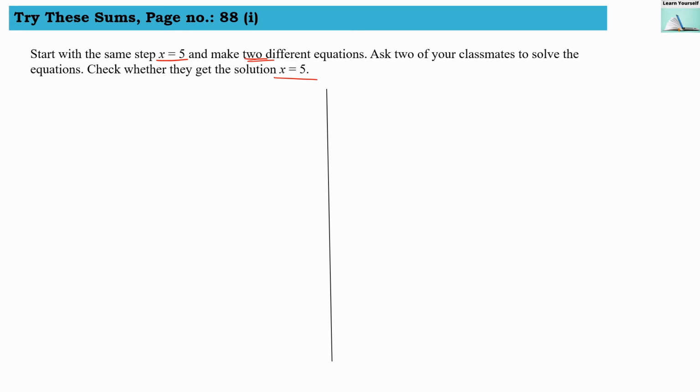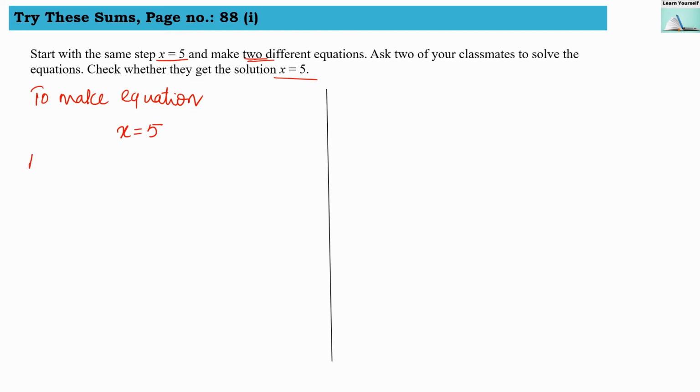So first let us make the equation. We are using the expression x equals 5. Now to make an equation, I am going to add any one number at both sides.